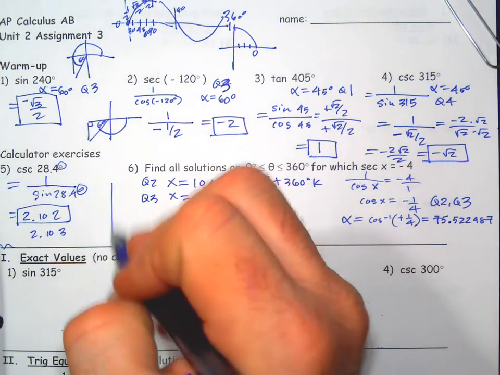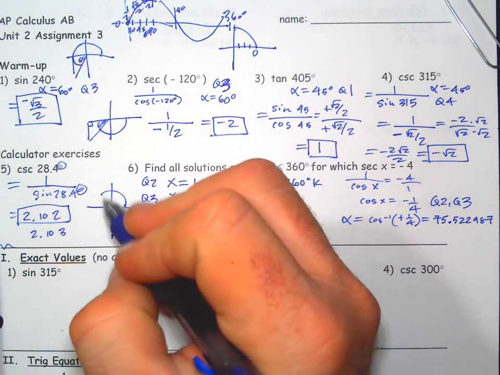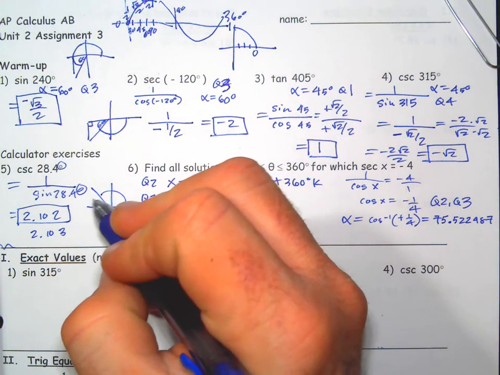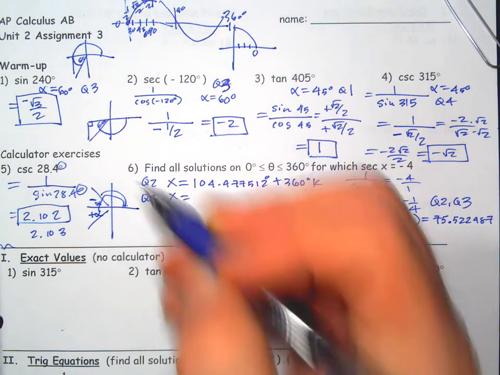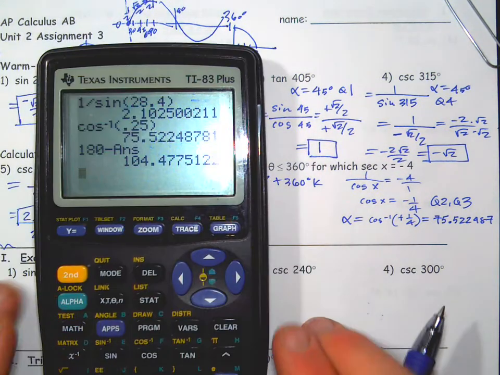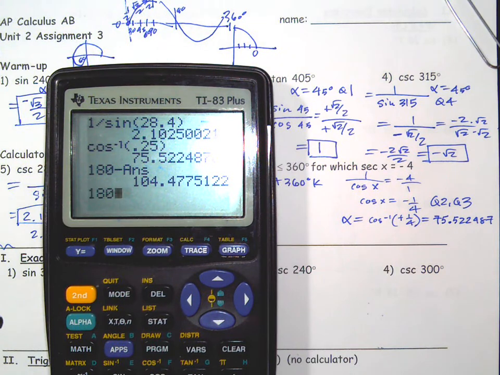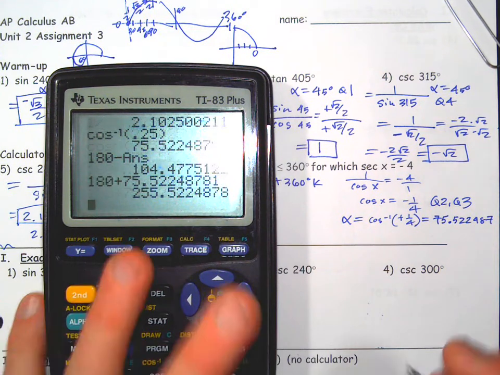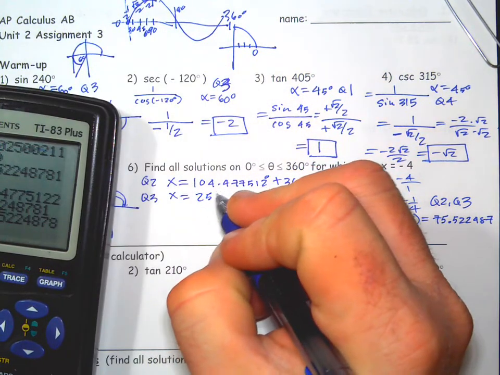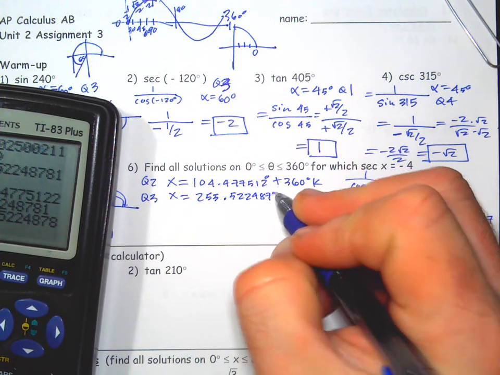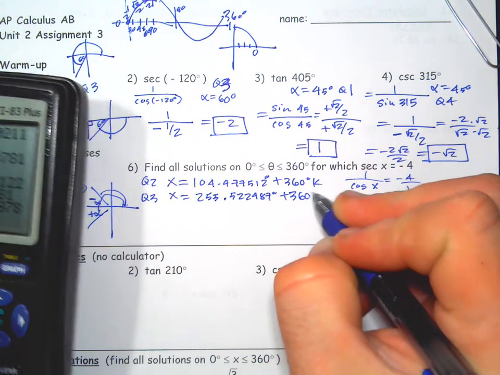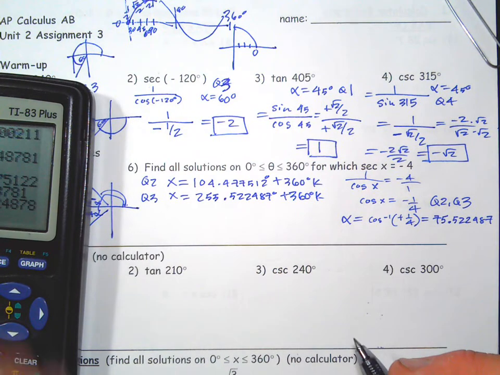So if you need to, draw these pictures. Quadrant 2 is 180 minus alpha. Quadrant 3 is 180 plus alpha. So 180 plus 75.5224871, 255.5224887 plus 360k. Now this is all possible answers, which could come in handy on certain problems.